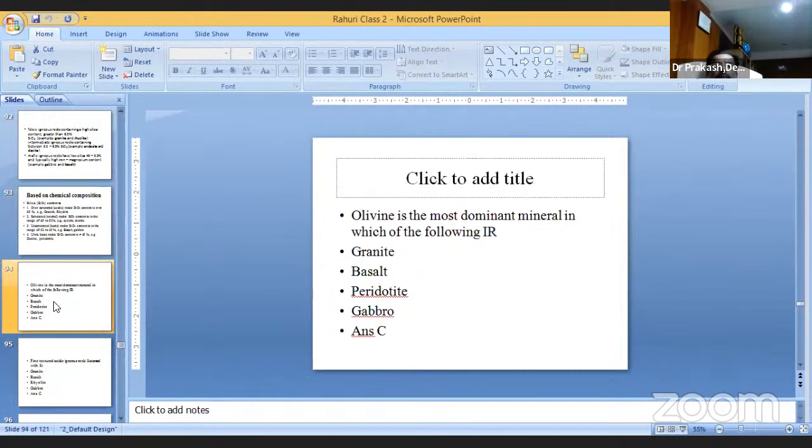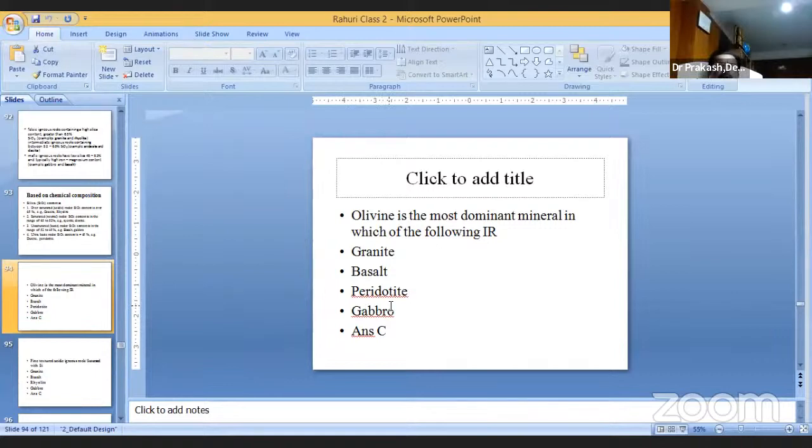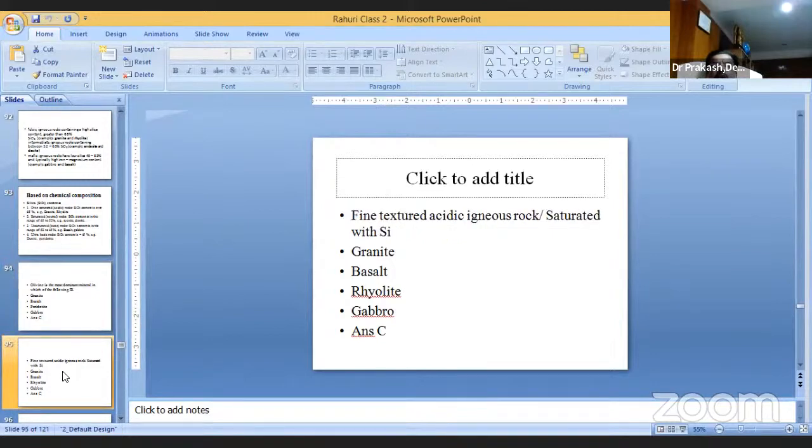Olivine is the most dominant mineral in which of the following igneous rocks? It is peridotite. Almost 95% of peridotite is composed of olivine. Fine textured acidic igneous rocks saturated with silica, so that is rhyolite.